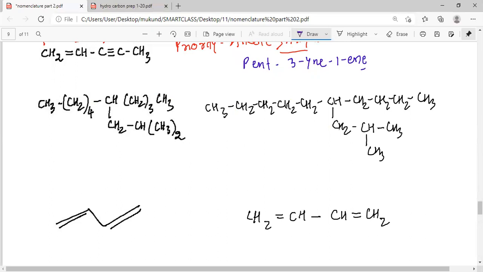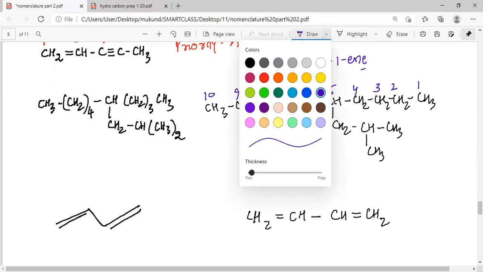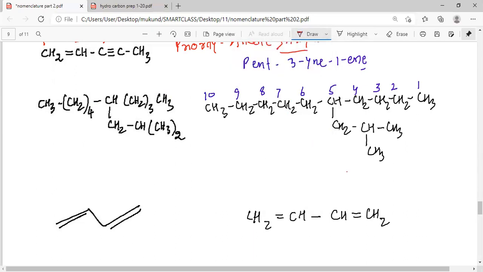Now let us find out the nomenclature system for this. 1, 2, 3, 4, 5, 6, 7, 8, 9 and 10. If we use the other numbering system, we may have 1, 2, 3, 4, 5, 6, 7, 8, 9 and 10.